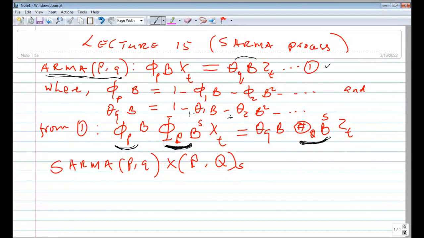Then we included those seasonal parts from both autoregressive and moving average to become SARMA. So that's why here at the end we are having SARMA of p q. This p q is the order of non-seasonal autoregressive and moving average, which is the one that we are having up there.